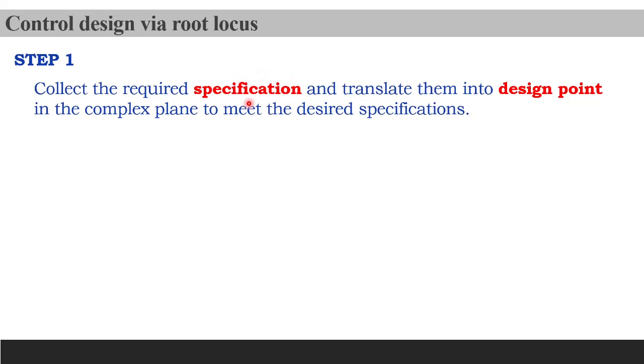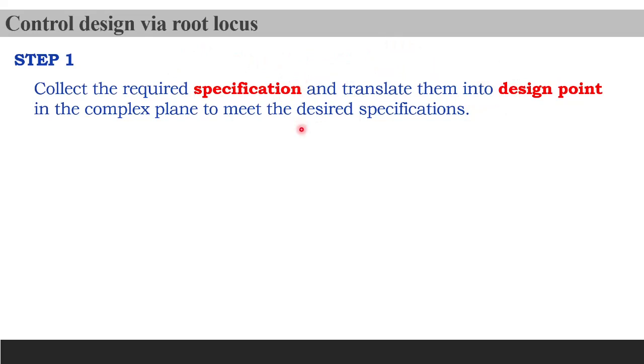Considering it's a second order transfer function, so that you will translate those specification into a point, right? So we'll discuss how we're going to achieve that. But if we convert that specification into a design point, both this design point and specification will be equivalent to each other, which means that your design point will be an equivalent representation of your given specification.